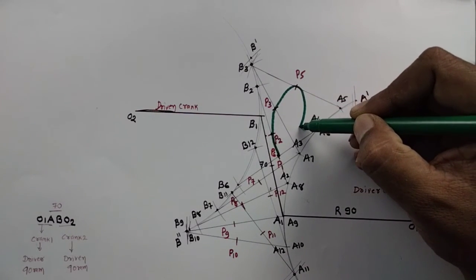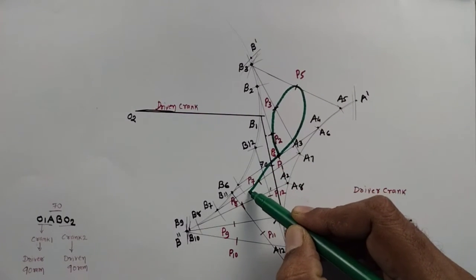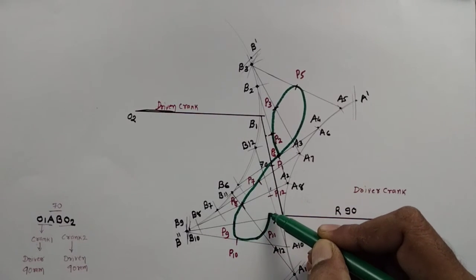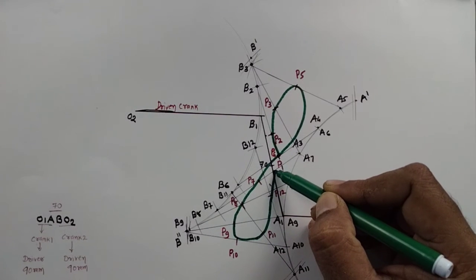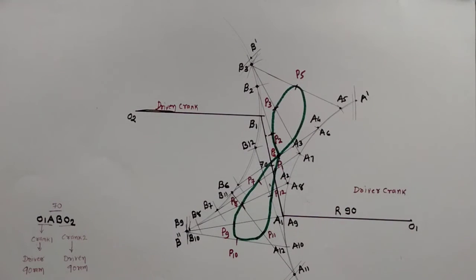I give the shape, then P6, P7, P8, P9, P10, P11, P12 and your initial point P1. So this is our answer of locus of midpoint P on CR.